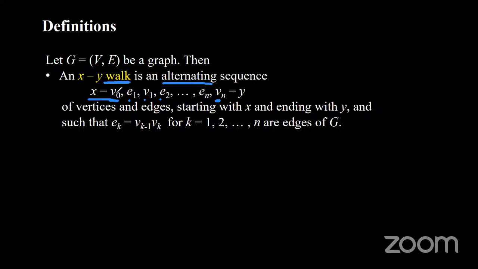And these are incident. Incident means that, for example, this is V, and it is W, and that is the edge VW. Then we say that V and W are adjacent.